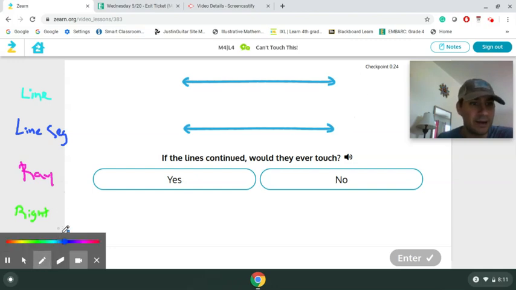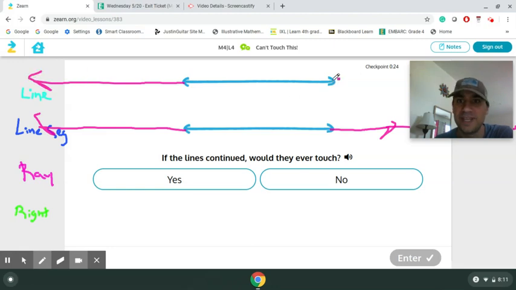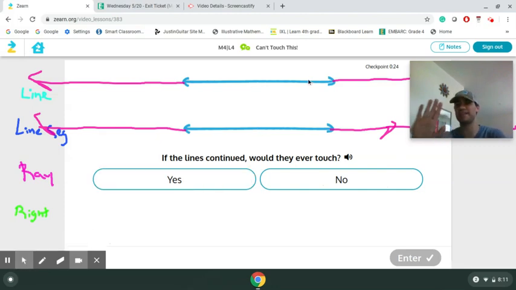So let's say, hypothetically, or just pretend, they go on forever, off the page, around the room. Would they ever touch? No, they wouldn't. They would continue in the same directions without ever touching.